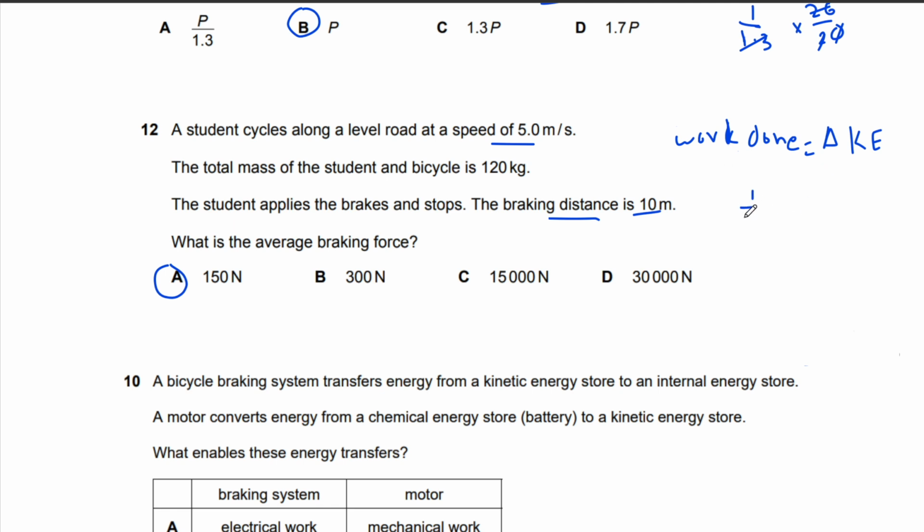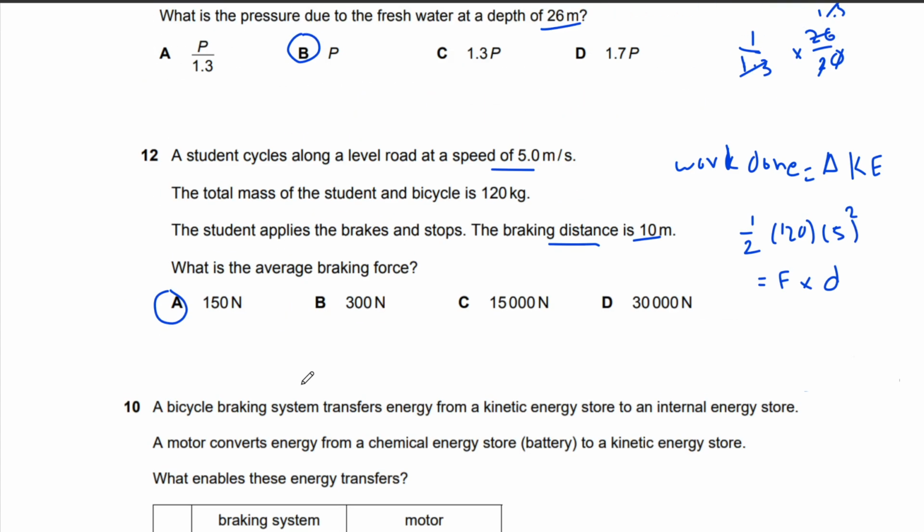So 1 by 2 m v squared, that is the change in kinetic energy, will be equal to work done, which is force times distance. Force is what we're looking for. So 0.5 times 120 times 25 divided by 10, that is also 150 newtons. So the answer is A.